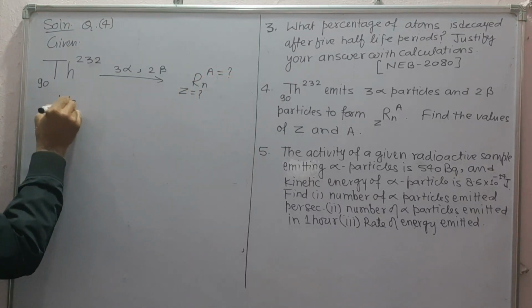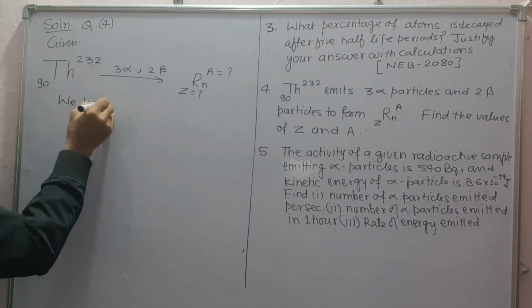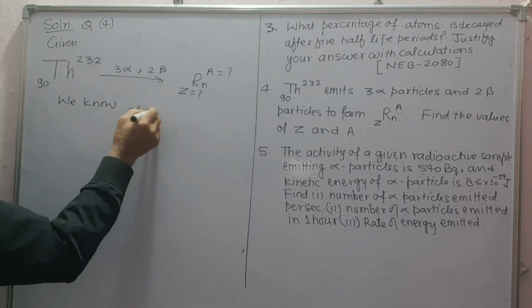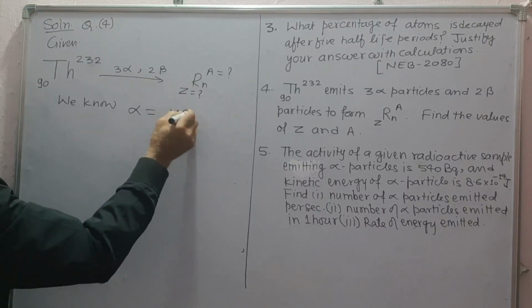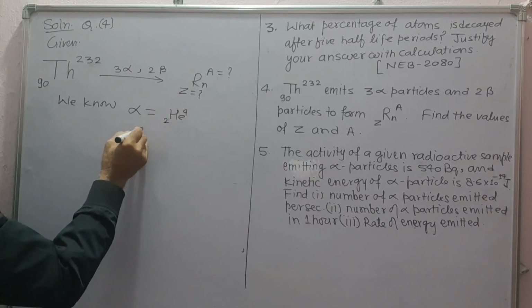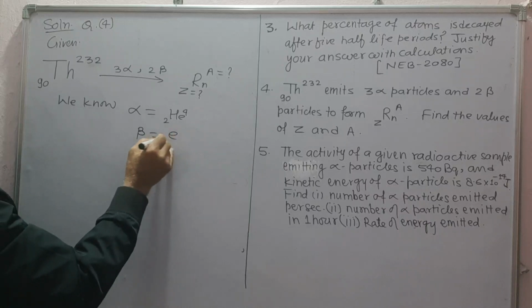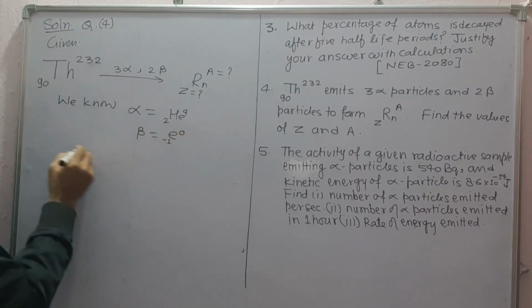We know alpha particle is equivalent to helium 2, 4 and beta particle is equivalent to electron.